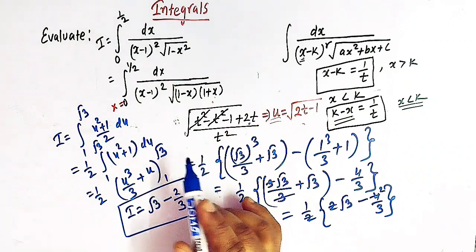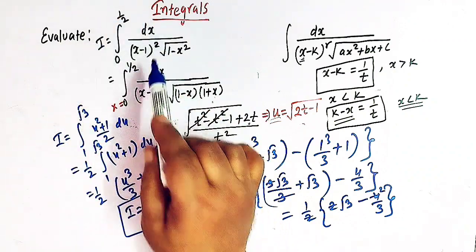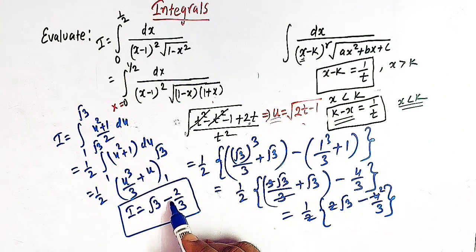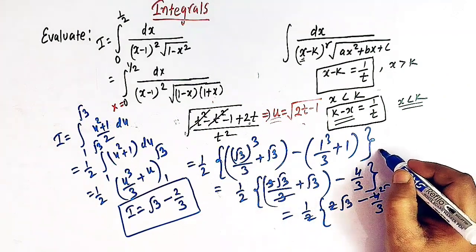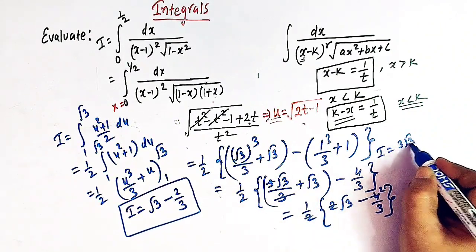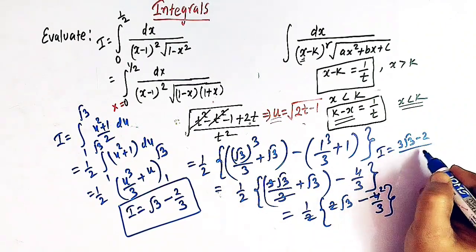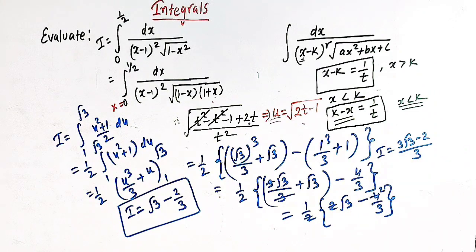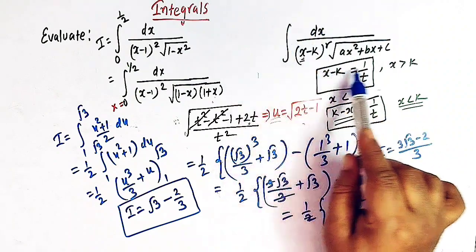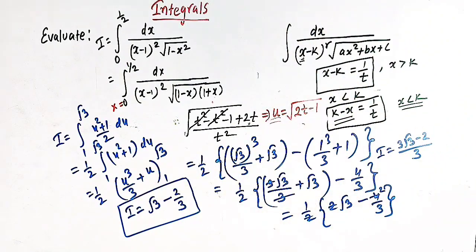So viewers, the value of this integral is given by square root of 3 minus 2 over 3. So we can also write this expression as 3 root 3 minus 2 over 3, right? So this is how we can solve these types of definite integrals.